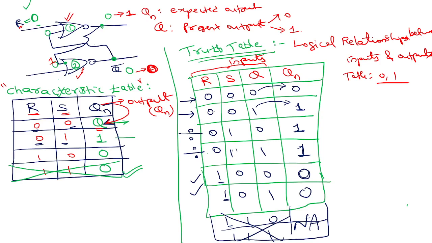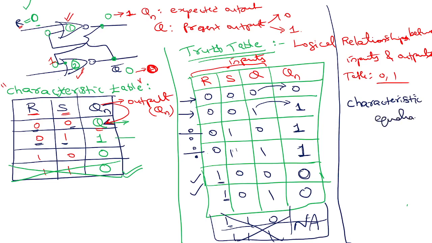Now after this truth table, we have something called the characteristic equation. This equation is nothing but the relationship between inputs and outputs, just a Boolean expression that you need to find between output and input.